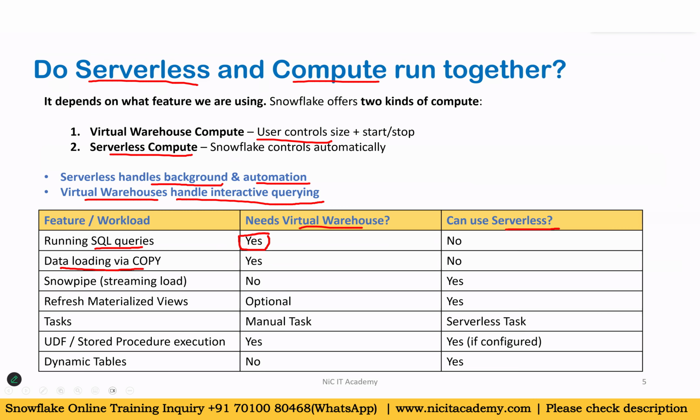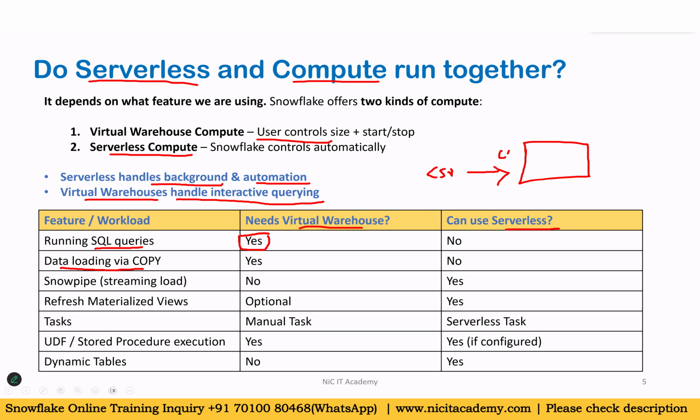If you are running a data loading, okay, I have some CSV file and I have to load that file into Snowflake, then it's called data loading and data unloading. Data loading means moving files, for example CSV, to Snowflake.